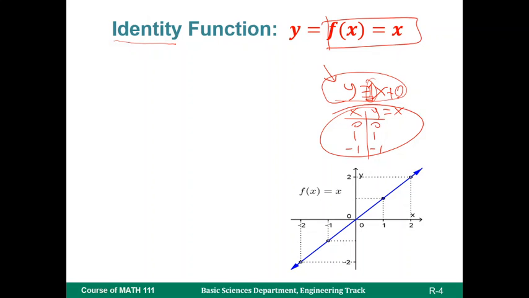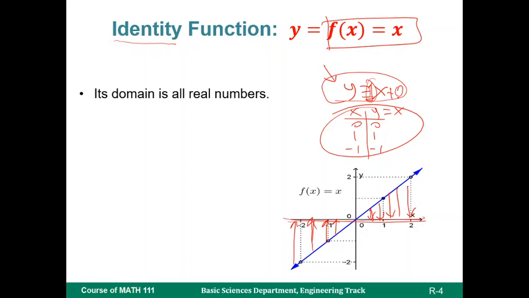It's a line, and you can look at the domain. We take the graph and look at the projection of the points onto the x-axis. So you see the domain is all real numbers. So inputs are all real numbers, and you can put any x value here, any real number, and it's okay. And the range is all real numbers again.